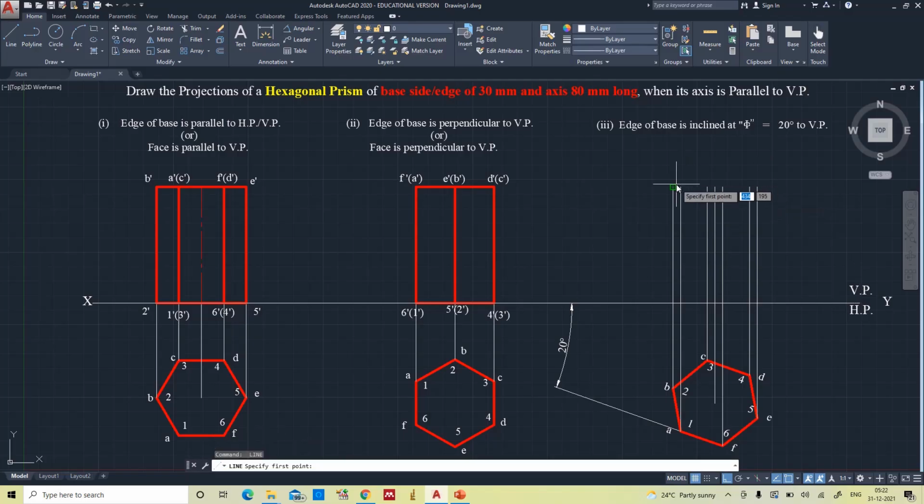And now the upper base, this is the lower base.